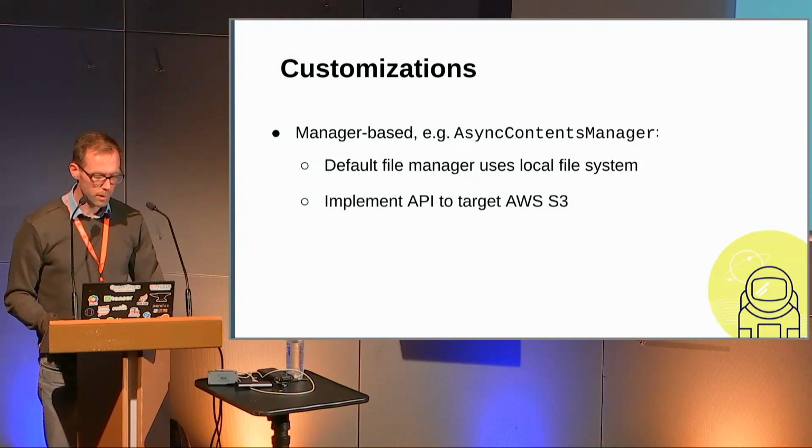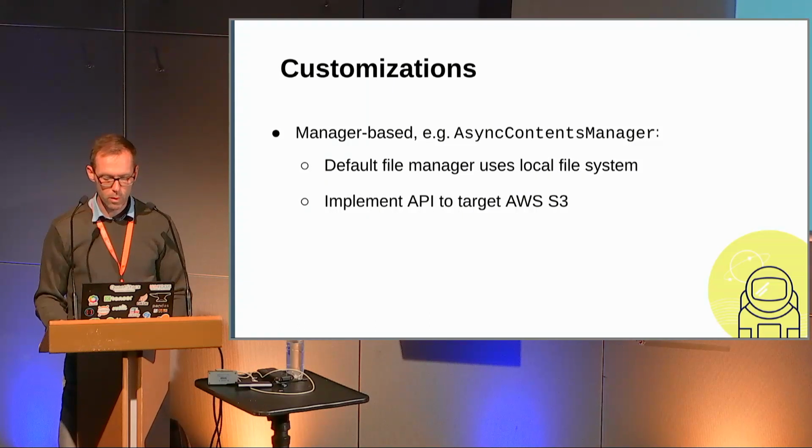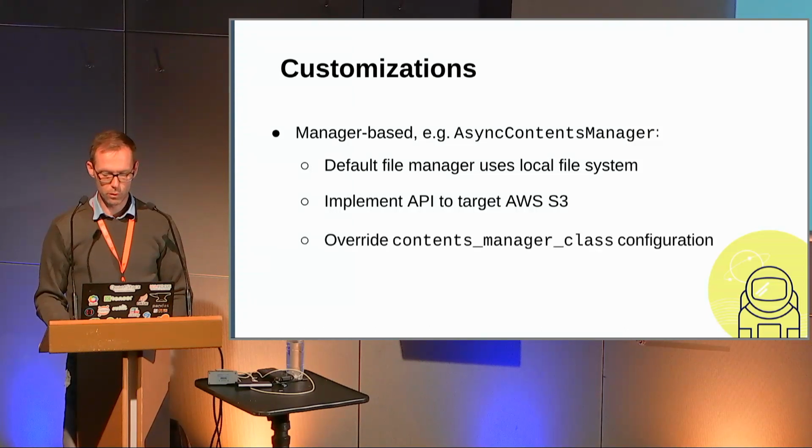But you may want to implement another one that, for example, targets AWS S3 buckets on the cloud. Then you will have to create such a customization and have a client in your contents manager that sends requests to AWS. So once you've done that, you can override the contents manager class configuration in Jupyter Server, and you should be good to go if it respects the same API.